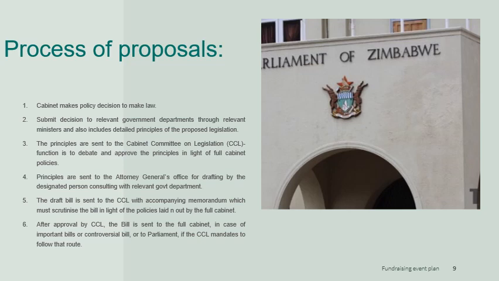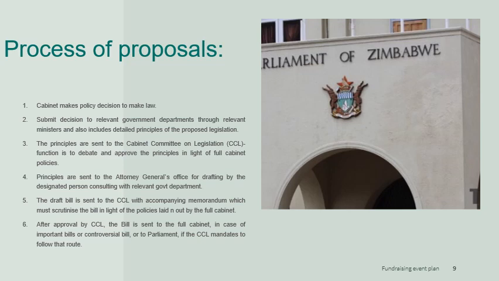First, we have cabinet ministers. They make public policy decisions to make laws. They decide, this government department requires a new law that regulates this and this and this and this. When they make that decision, they submit the decision to the relevant government departments through the relevant ministers. And that decision includes the detailed principles of the proposed legislation.